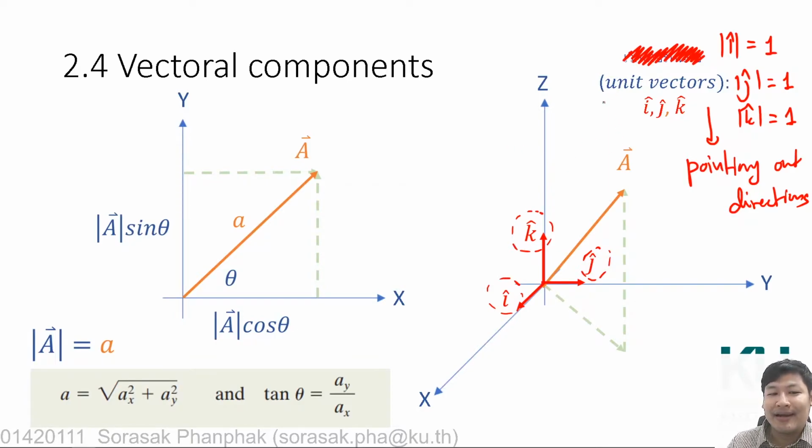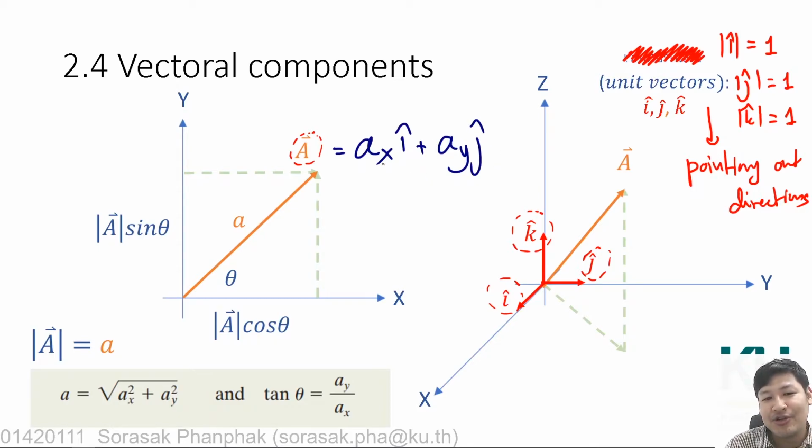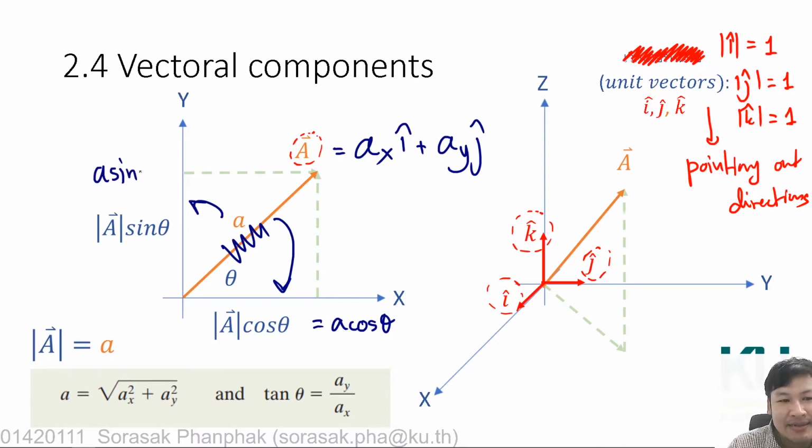Most of the time here we will use these to represent the unit vector. So how can you write a vector in terms of these unit vectors? This vector a is combined from the component of a in the x direction and the component of a in the y direction. You already know ax is a cos theta, and ay is a sin theta.